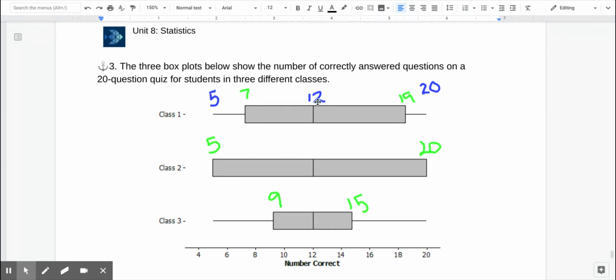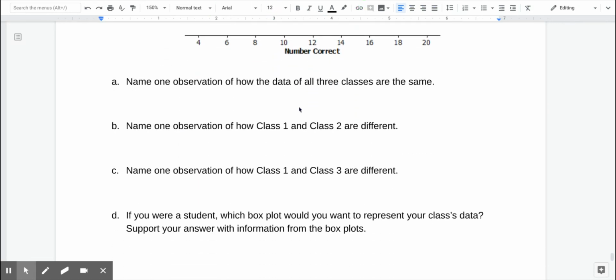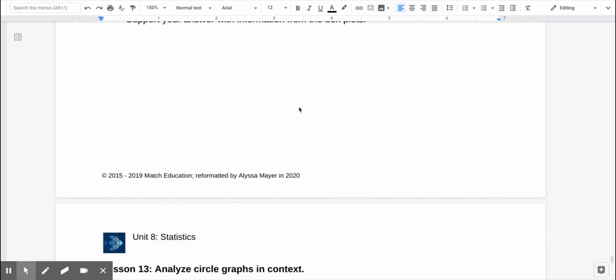But I see here, it looks like these data points are more spread out. So it seems like there's only a couple of people in this class up at the high end, really could be only just one person up at the high end. And I suppose you could have a middle point there. So I would say class 1 would be the data that I would want to have there. All right, I think that does it for us.